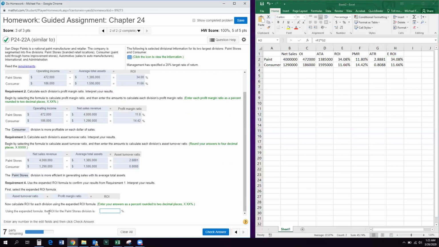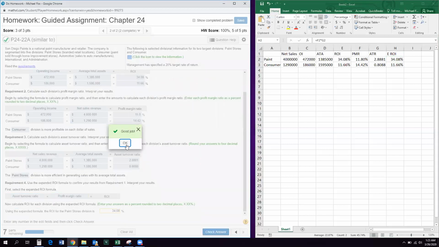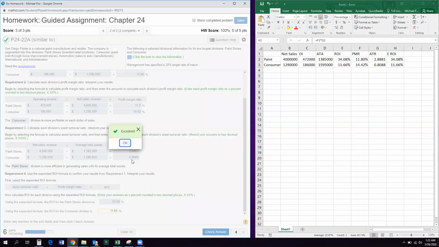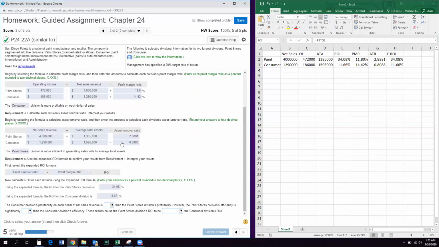So using the expanded formula, the ROI for the paint store division is 34.08, and the ROI for the consumer division is 11.66. All right, so the consumer division's profitability on each dollar of net sales is higher than the paint stores division.